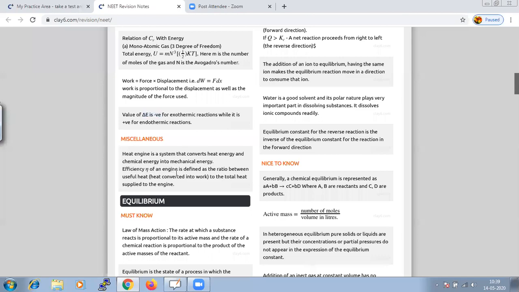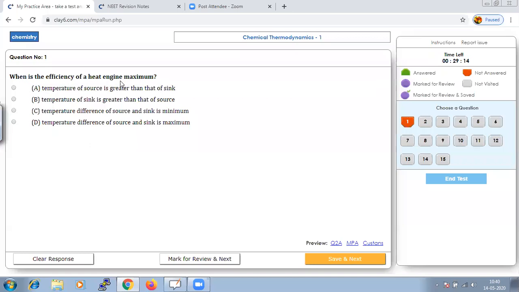And we know that the efficiency of an engine is defined as the ratio between the useful heat, or heat being converted to work, and the total heat supplied to the engine.